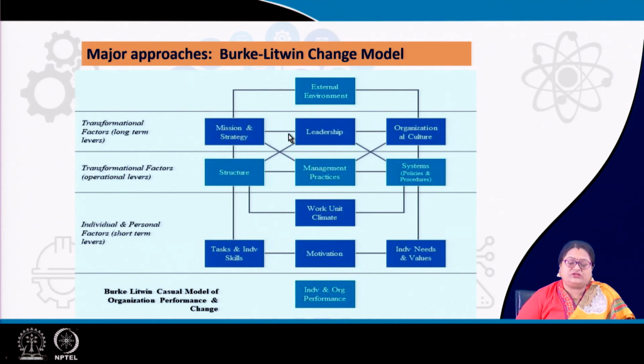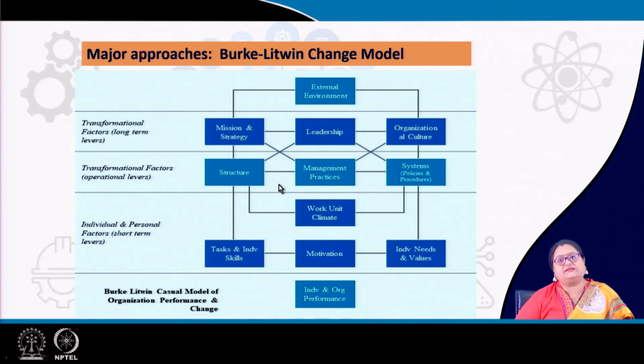Again, mission and strategy affect leadership, leadership affects organizational structure, and the structure affects management practices. These are at the operational level. These are the transformational factors: changes in structure, management practices, and systems like policies and procedures. All these are going to affect the work unit climate at the departmental level.